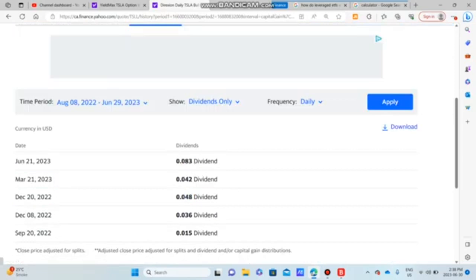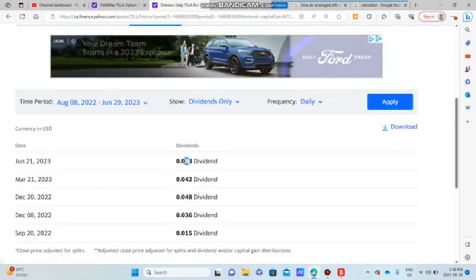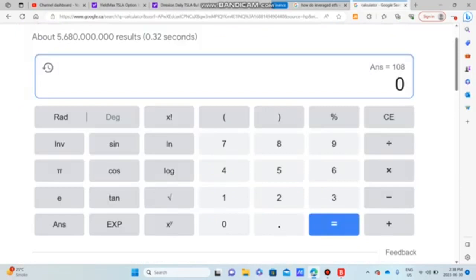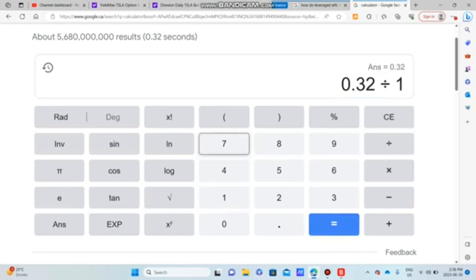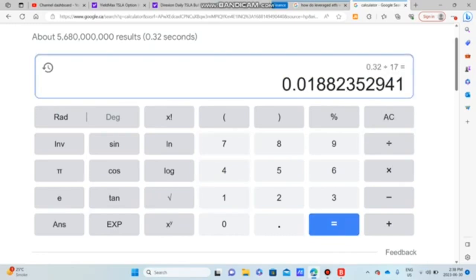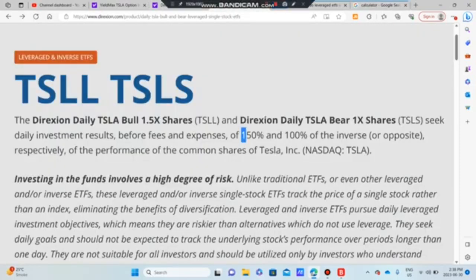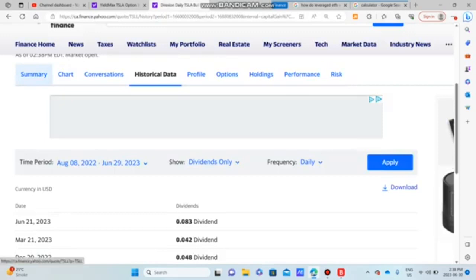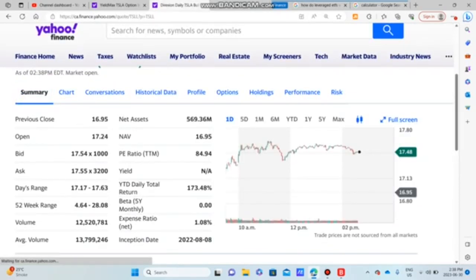I did the calculation before. As you can see, like 8 cents, for example. Well, why don't we do their biggest dividend? So we got 0.08 times 4. To give them the benefit of the doubt, we'll divide it by 17, and that's about a 2% yield, if even. So you could see that TSLL barely produces a dividend yield. All they're really going for is those capital gains off Tesla stock.